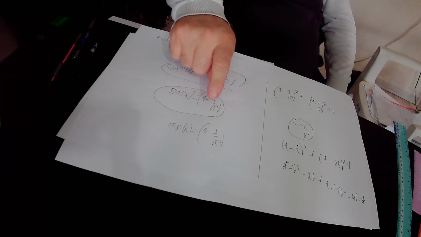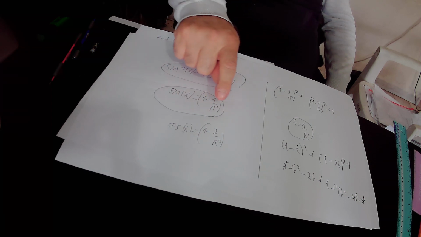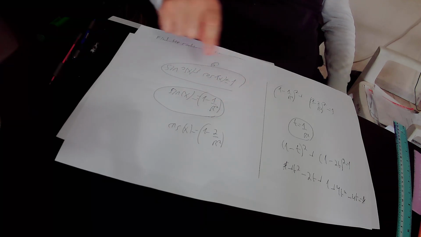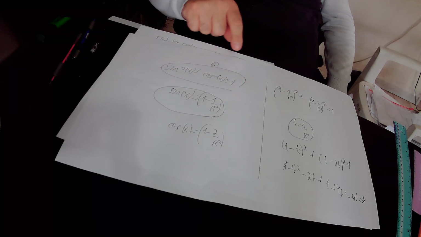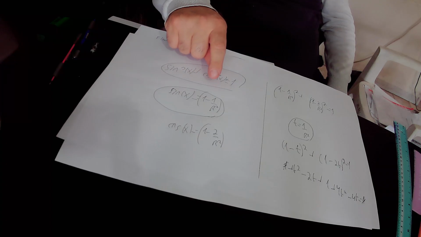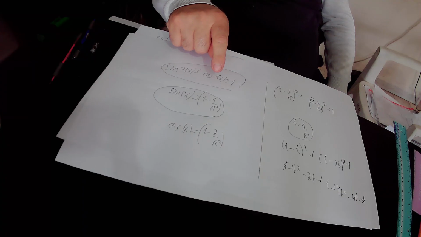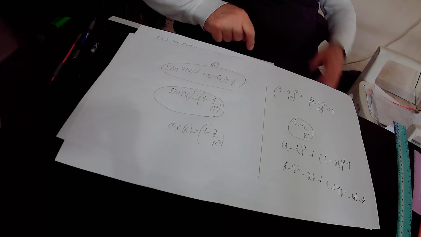If cosine x equals 1 minus 2 over r squared, it means that cosine squared x will be (1 minus 2 over r squared) squared, plus sine squared x. Sine x equals 1 minus 1 over r squared, therefore sine squared x will be (1 minus 1 over r squared) squared.